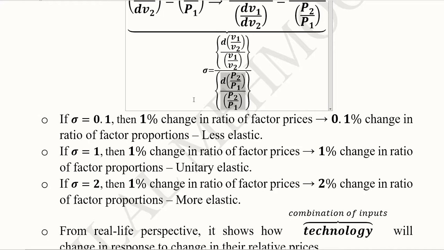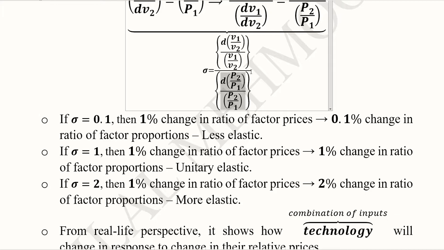And it is also observable in real life because when their ratio changes, we also change their combination. If P2 increases, we will go for V1 because V2 will become expensive and we will shift towards V1. Therefore, there will be a change in the combination of V1 and V2, that is the two inputs.